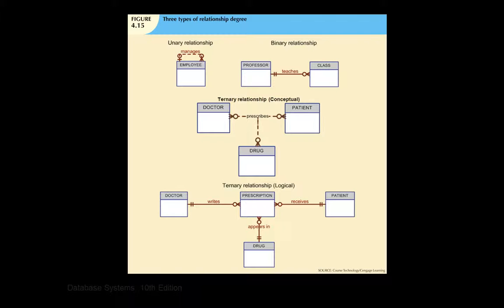A binary relationship, we have two tables that relate to each other, and we've been pretty much working with a binary relationship up to this point in the semester. And finally, we can have a ternary relationship where we're talking about three or more entities that are relating to each other, and you can see those depicted here on the screen.